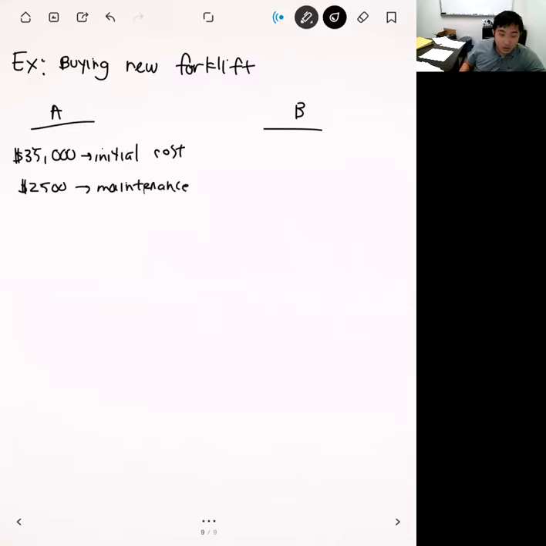Right, and its useful life is 4 years. Okay, forklift B. Forklift B has an initial cost of $42,500.